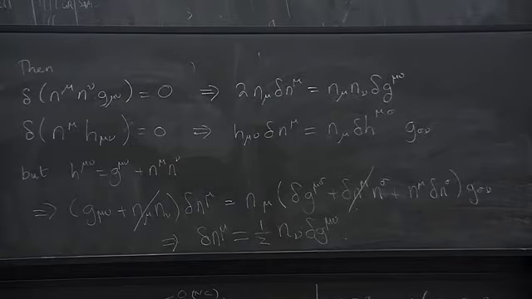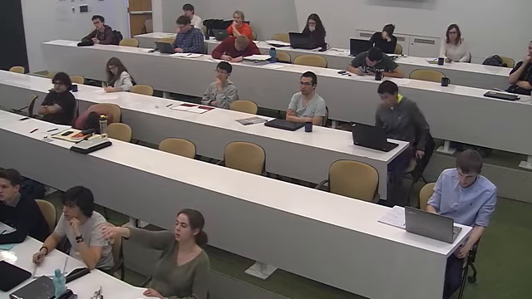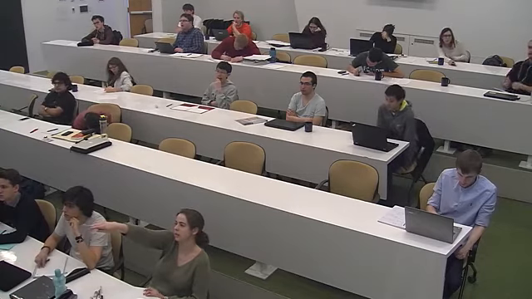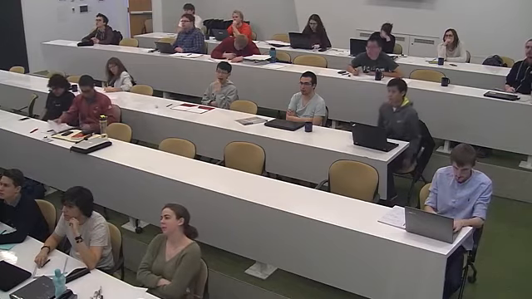Sorry? Why do you raise the index on the H using the G metric, on the second line on the right? Where did the G come from?